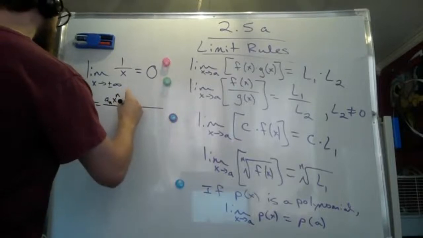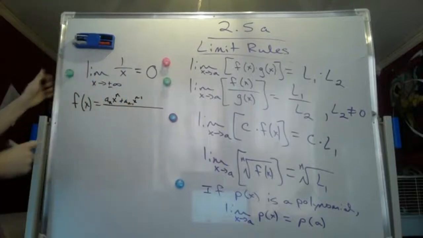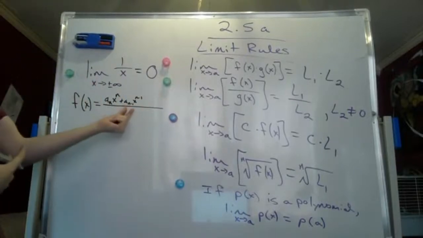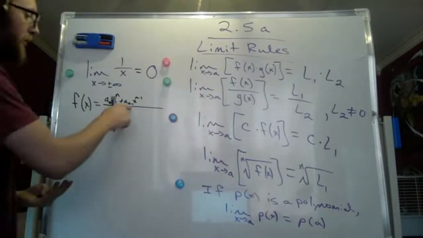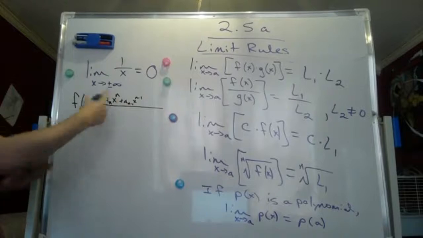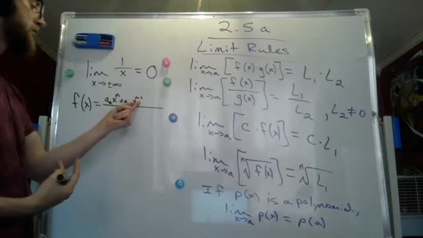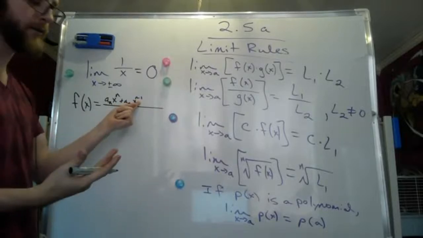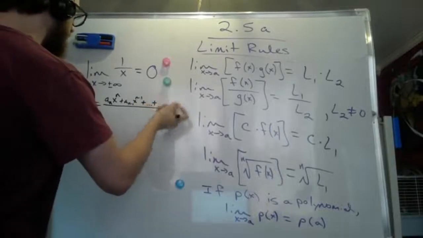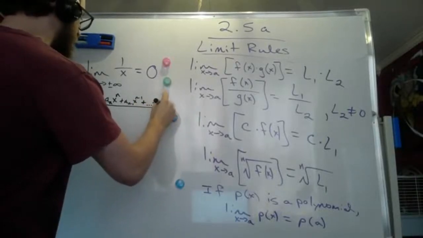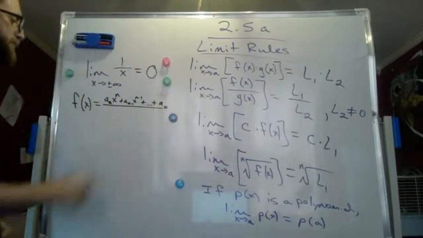Plus a sub n minus 1 times x to the n minus 1 power. Again, a sub n minus 1 just designates that it's some other constant, but it's not the same as a sub n. I mean, it could be, but it's some other constant that pairs with this x to the n minus 1 power. So we keep going. This can go on for quite a while until eventually we get to a sub 0. This is just a constant and it has no x terms.